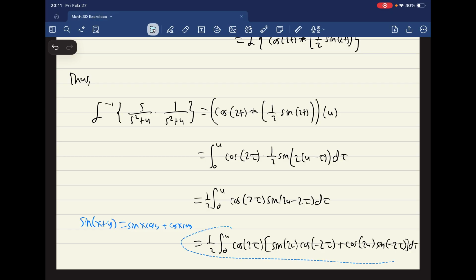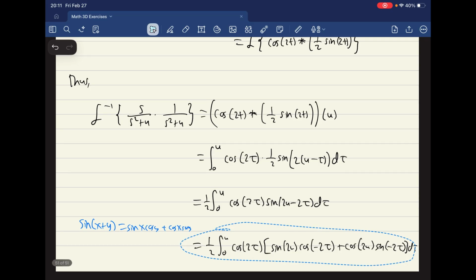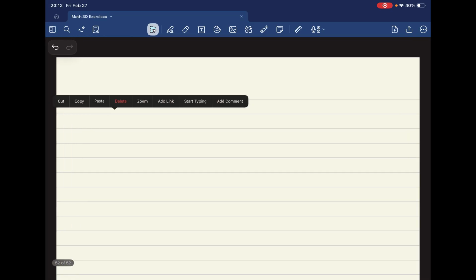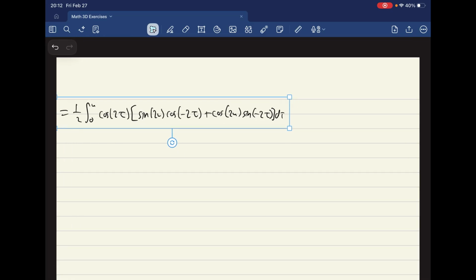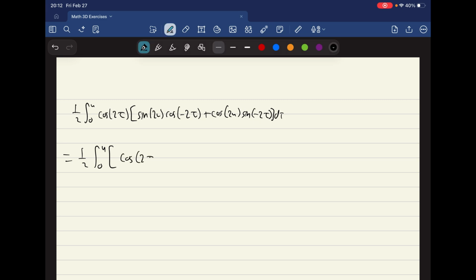And so, just copying this over to the next page, what do we get? Well, this in turn is going to be equal to 1/2 integral 0 to u, and then we distribute the cosine inside: cosine 2 tau, sine of 2u. Note that cosine is even, so cosine of negative 2 tau is the same as cosine of 2 tau.